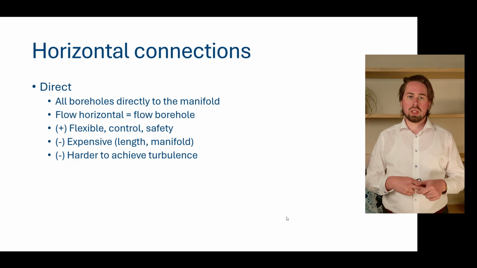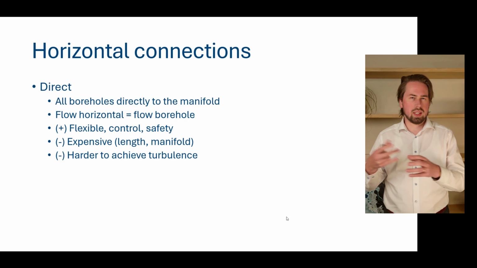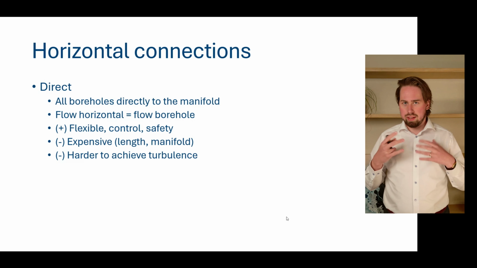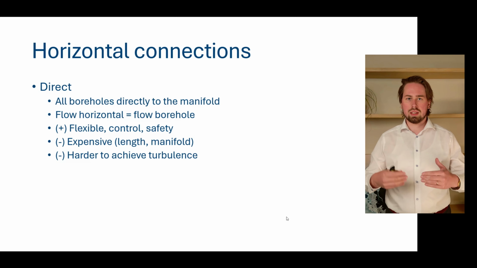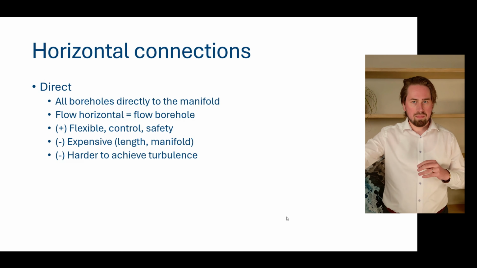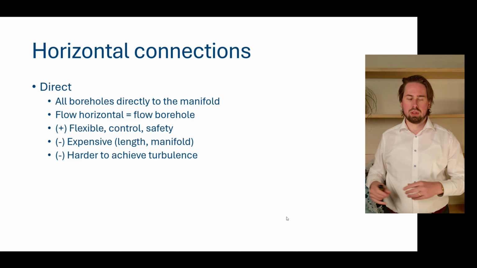For smaller projects where there's just 1 or 2 probes, perhaps they're connected in Tichelmann, which we will discuss later, and there is no real manifold. But anyhow, conceptually, a direct connection means that you go from your borehole with one individual horizontal connection to a manifold or to the heat pump or whatever.